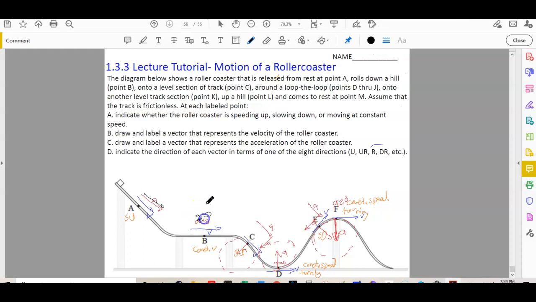So a net is 0. The net acceleration vector here is going to be the addition of the two acceleration vectors here. So a net is going to be down and to the right.